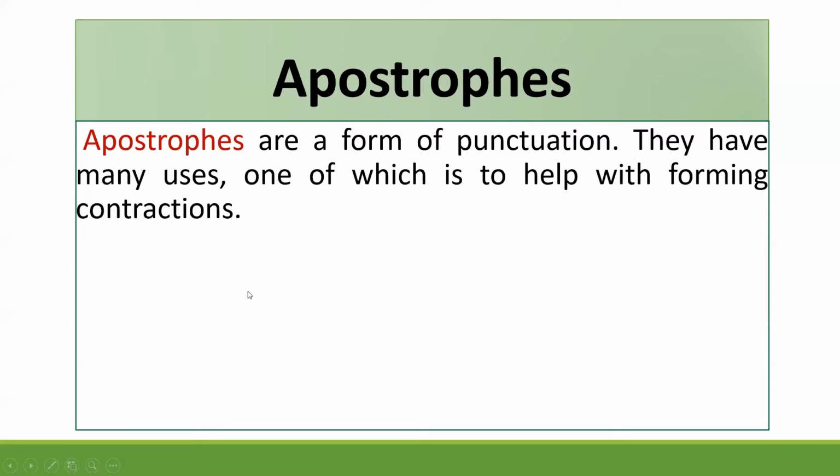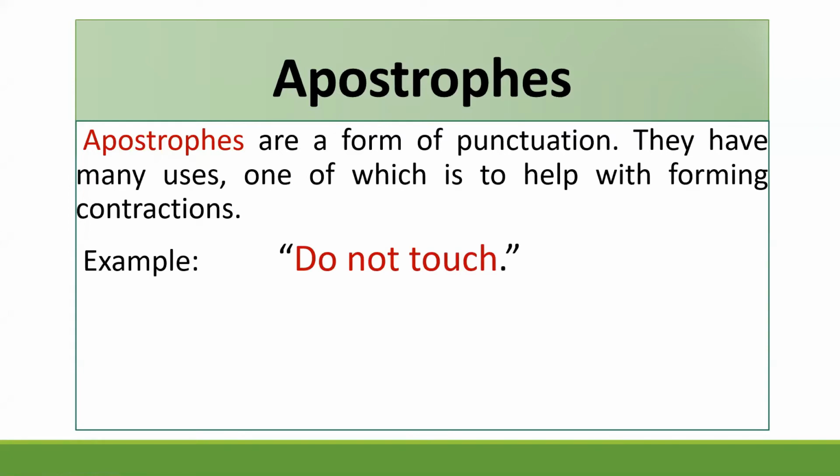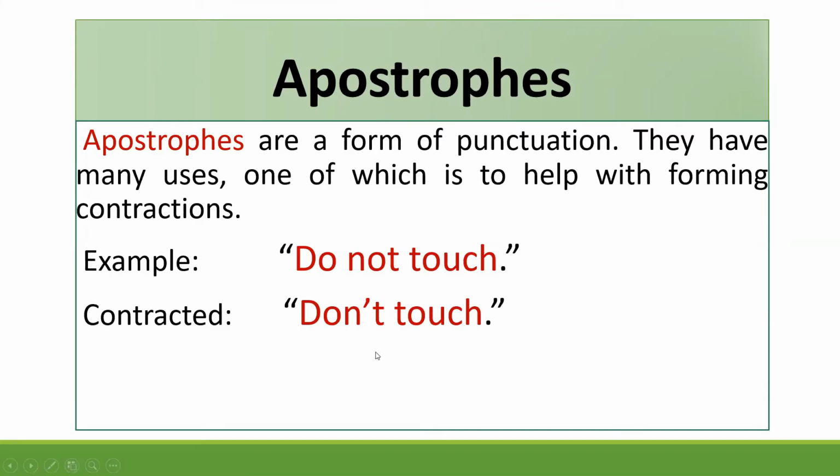Okay, so I have here an example. In an elongated version of a phrase, we leave the phrase as it is. We have here do not touch. This is the basic or original form of a phrase. But in a contracted form, it will now become shorter.